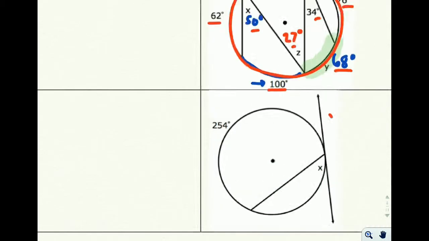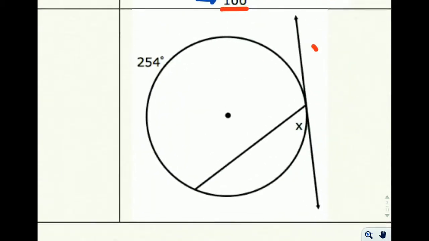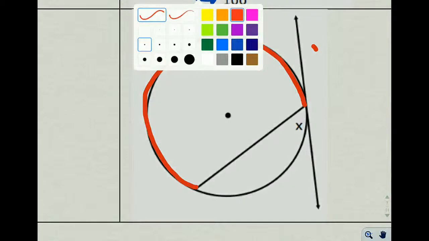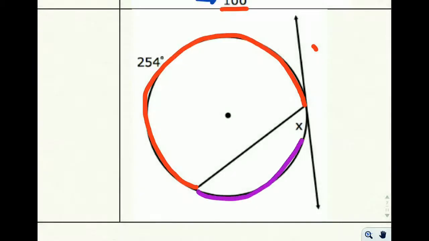In the next example, we need to find x. And here we have 254 degrees along this large arc here, leaving us with this arc being 360 minus that. So we have 106 degrees to get up to 360. Add those two together, we do get 360.